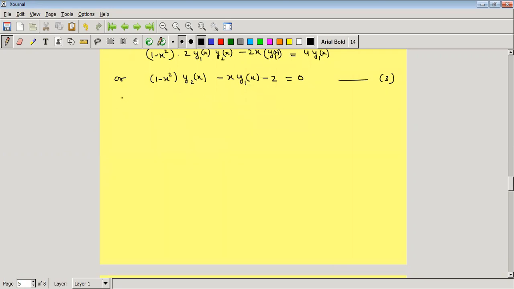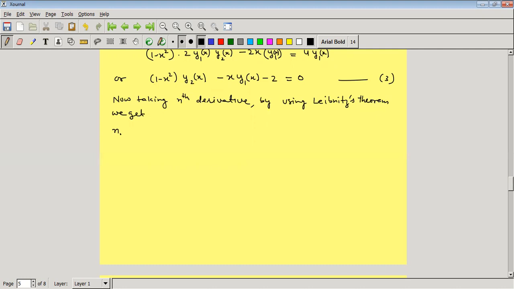So now taking the nth derivative by using Leibnitz's theorem, we get, you can take y2 to be u and 1 minus x square to be v.